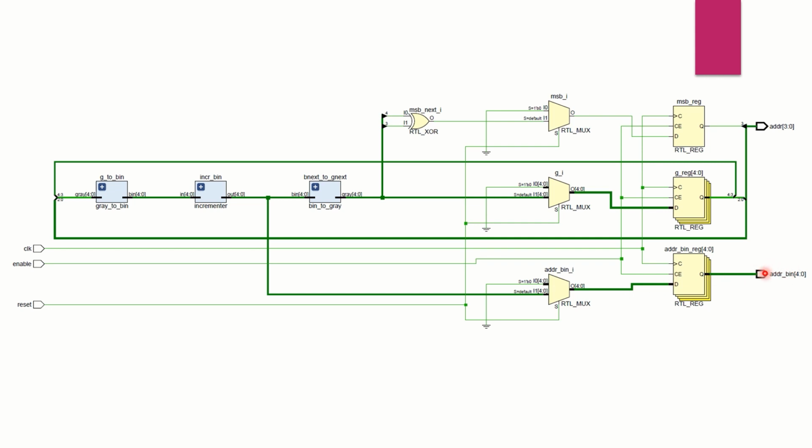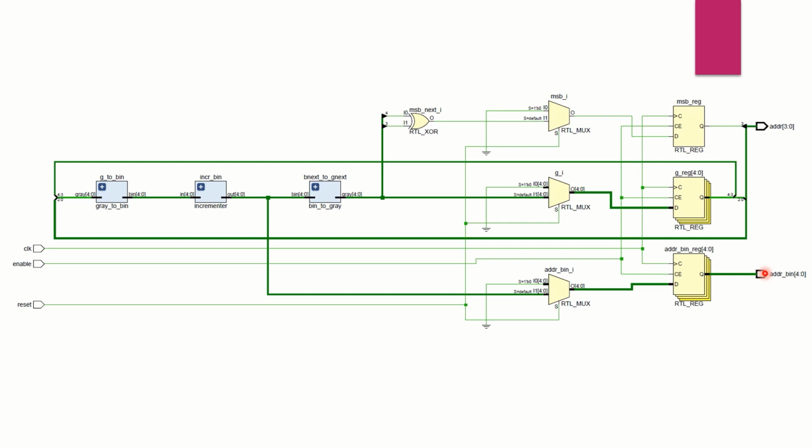If you have noticed, the ADDR, which is a gray code sequence, is only 4 bits, whereas the ADDR bin is 5 bits. We are using 5 bits for gray to binary conversion, 5 bits for the incrementing operation, and 5 bits for binary to gray conversion.